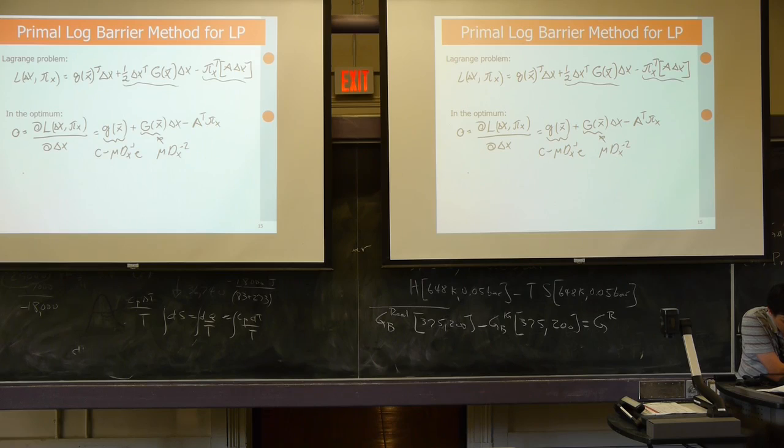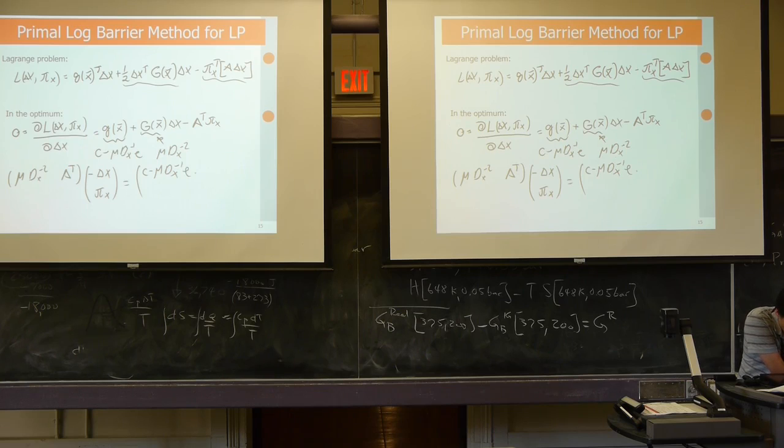And now what we have is just a linear system: mu dx to the -2 and A transposed, multiplied with minus delta x and pi of x. That's this expression here, c minus mu dx inverse e.